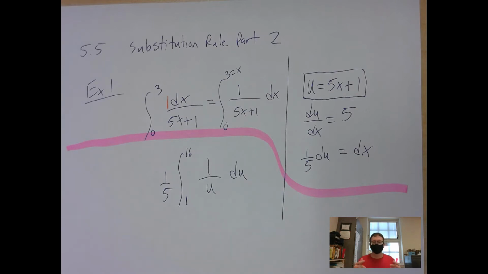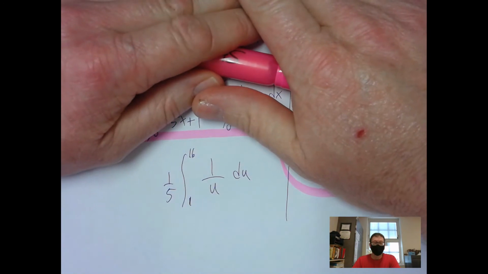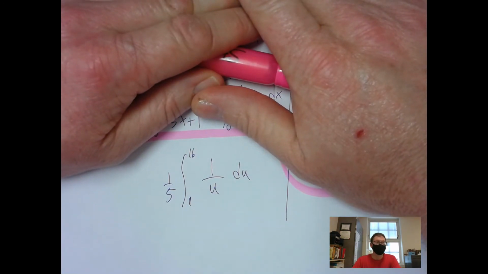So I'm 100% in the world of u. I don't have to go back. All right. So I don't have to put the u back in. I just start over like it's a brand new problem, because I've switched everything completely to u. The limits of integration are u, everything. And we're looking for an area under the curve answer.